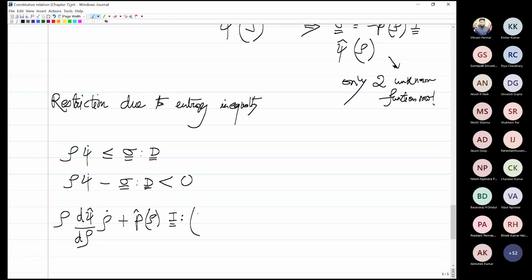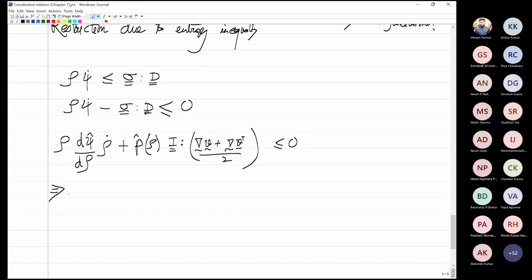So that's gradient of v plus gradient of v transpose by 2. So this has to be less than or equal to 0. So this is further rho d psi hat by d rho into rho dot plus p hat of rho. And you see, when you do double contraction of I and this gradient, you will simply get divergence of velocity, isn't it?